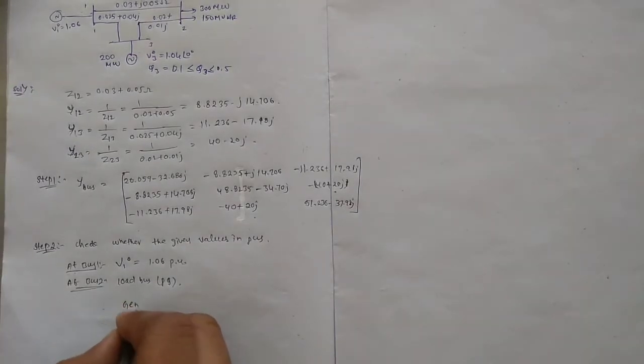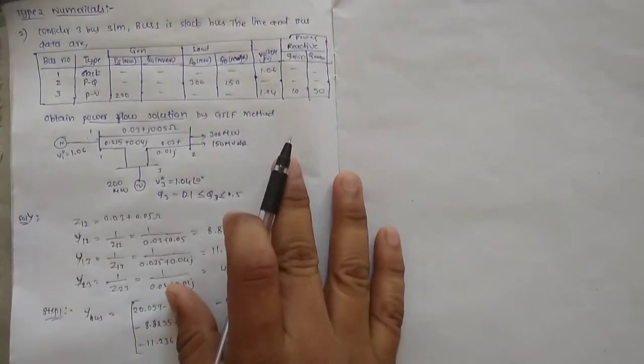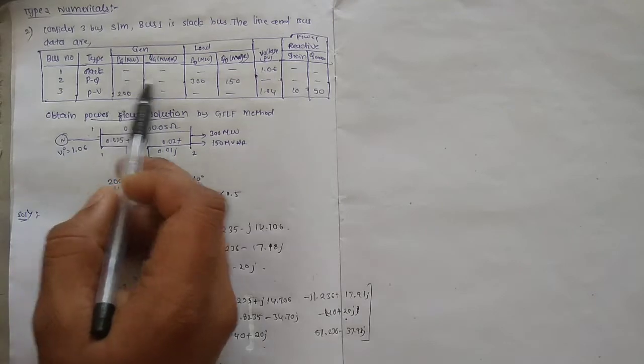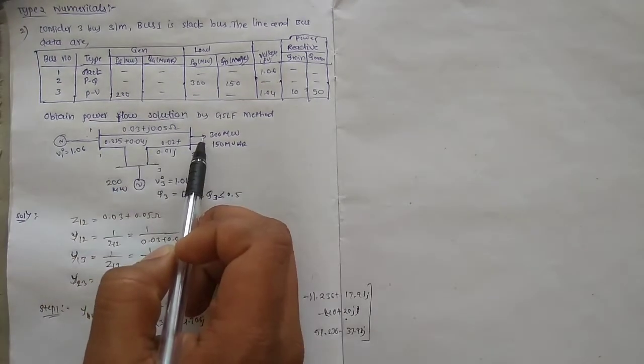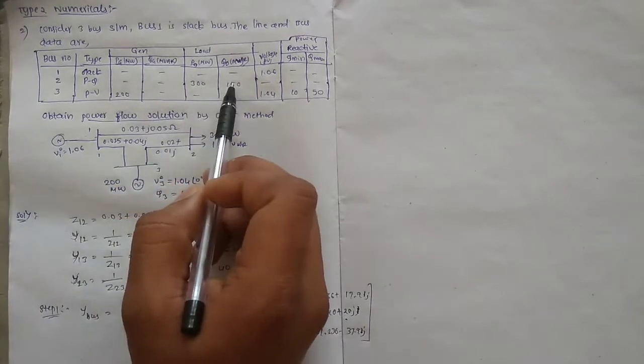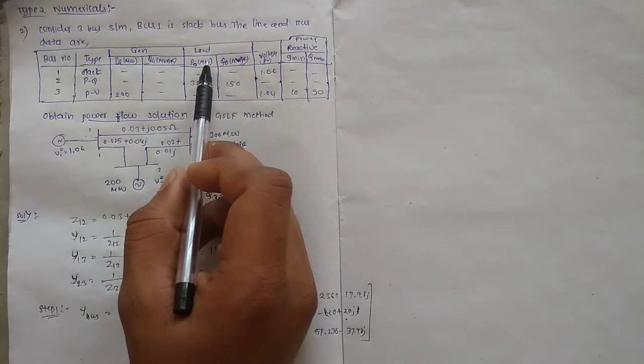Now first the generator section. See here, we are at bus 2. At bus 2 we have generator part 0 0, because there is no generator connection, therefore they don't give anything. The load they have given is 300 and 150, which is actual, in MW and MVAR.